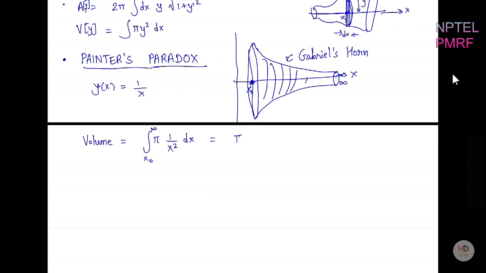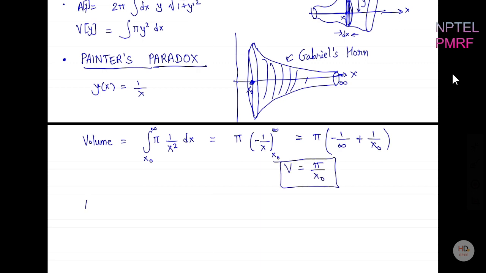So pi times the integral of 1 over x square would be minus 1 over x, from x0 to infinity. This is pi times minus 1 over infinity, which is the same as saying 0, plus 1 over x0. So this is pi by x0. And what about the area, the surface area?